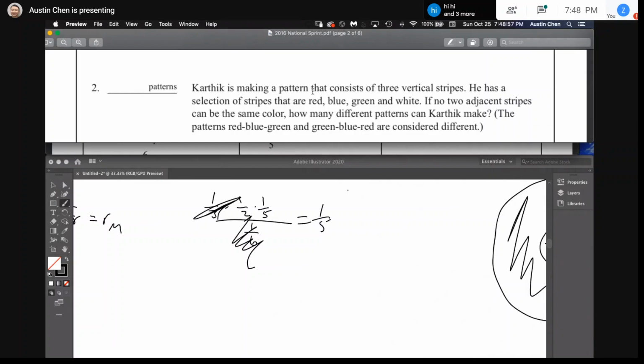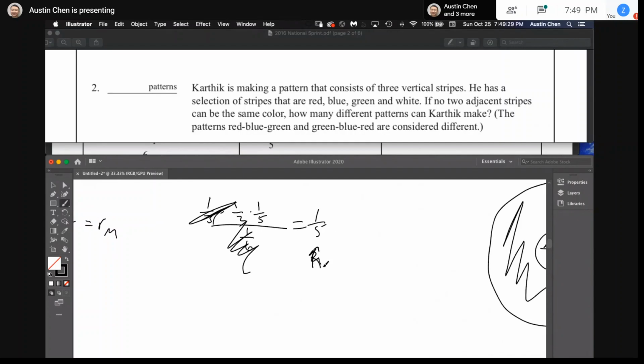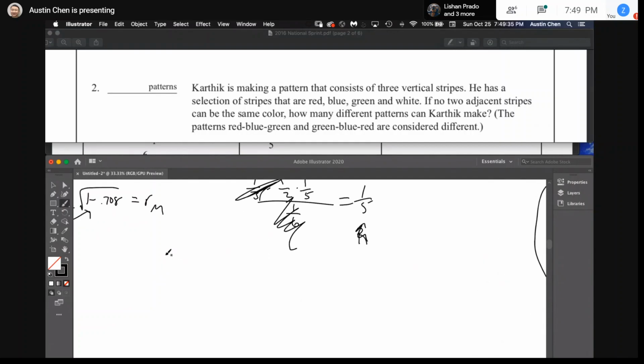Karthik is making a pattern that consists of 3 vertical stripes. He has a selection of stripes that are red, blue, green, and white. If no 2 adjacent stripes can be the same color, how many different patterns can Karthik make? The patterns red, blue, green and green, blue, red are considered different. All right, we have 3 stripes, and he can choose out of 4 colors, and we can't have 2 adjacent stripes of the same color. A better way to do this is a total generalization instead of doing casework.